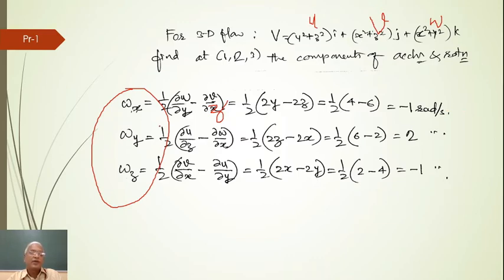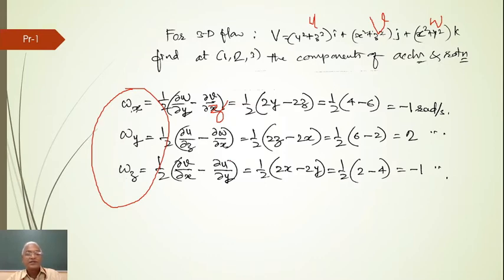Similarly, omega y half dou u by dou z minus dou w by dou x, and half into bracket 2z minus differentiation of omega with respect to x is 2x, then substitution leads to 2 radians per second.